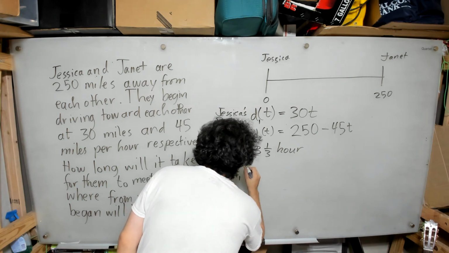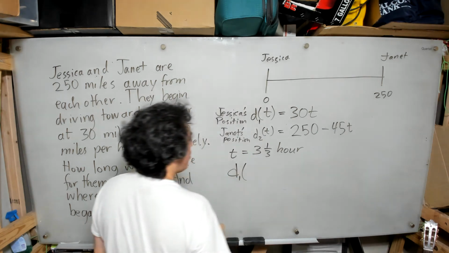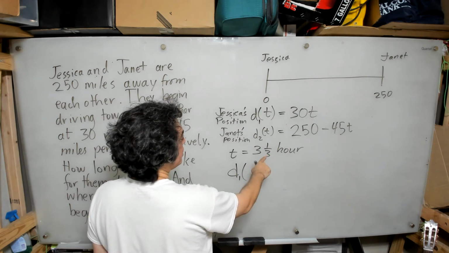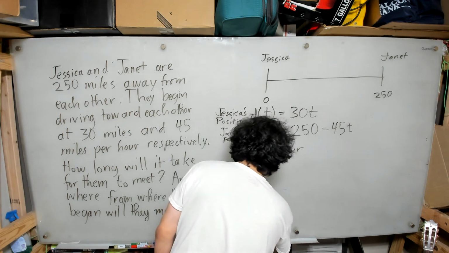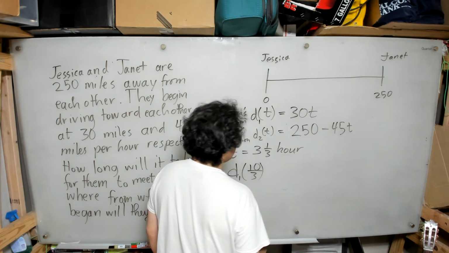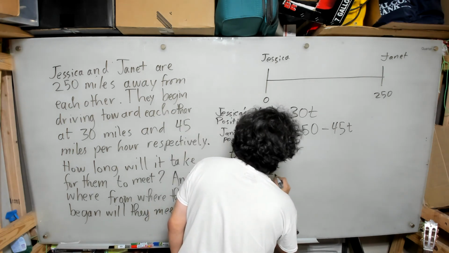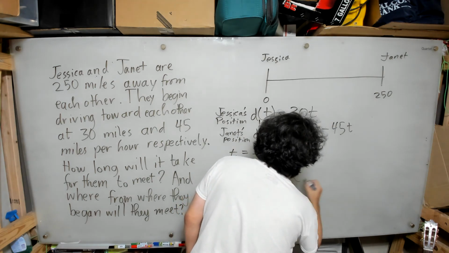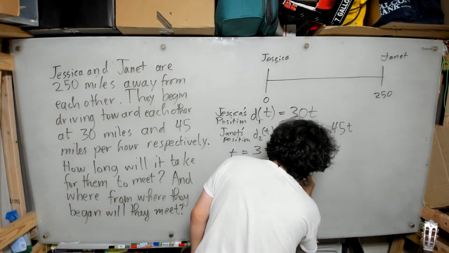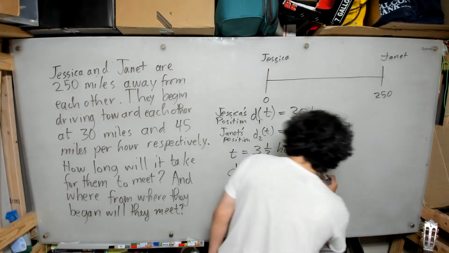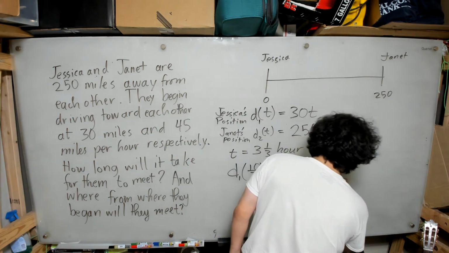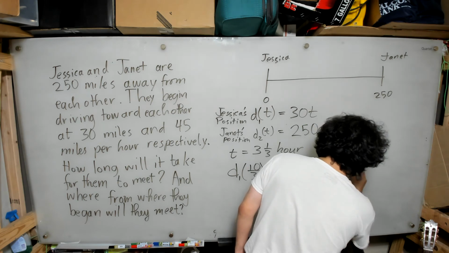D1 of 3 1/3, I can rewrite this as 3 times 3 is 9, plus 1 is 10, as 10/3 of 10/3 hours, which is going to be 30 times 10/3. Which is going to be 30 over 1 times 10/3.